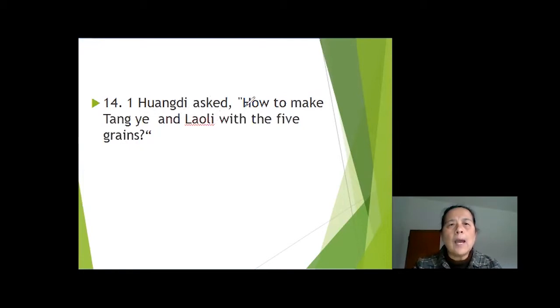So Huangdi asked how to make a 汤液 and 醪醴 with 5 grains. So from here, basically, 汤液 here is not the same idea as when we make a herb decoction. Tang is exactly the same as what we use for soup.